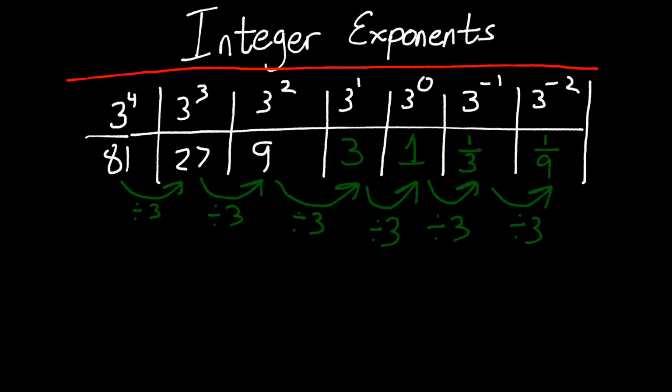So there we have it. When we have positive exponents, our numbers get bigger. When we have negative exponents, our numbers are fractions. We'll learn a little bit more about this in just a moment, but this is a nice way to start learning about integer exponents. Alright, let's get rid of this and take a closer look at some other examples.